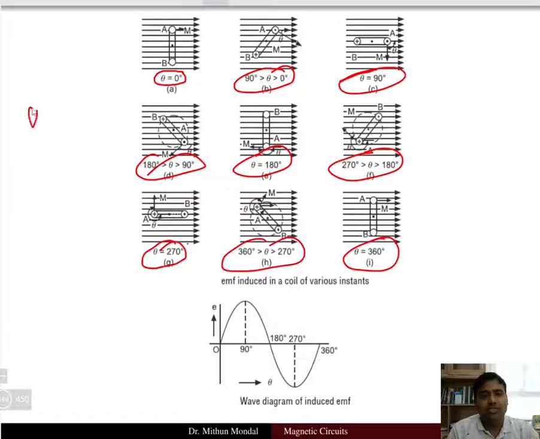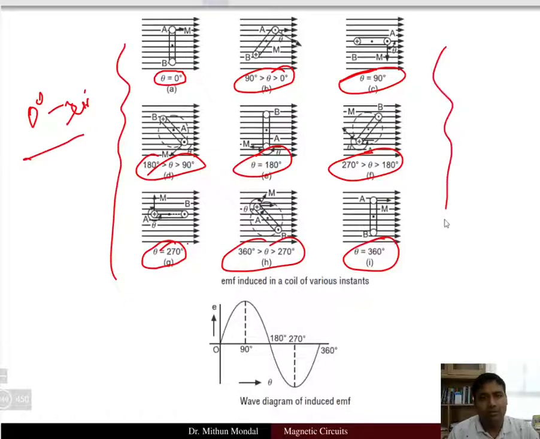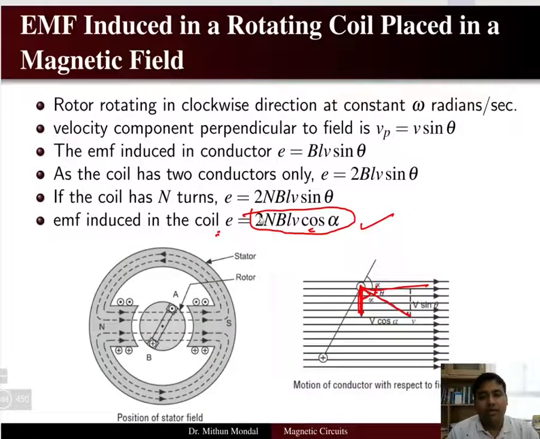So from theta 0 degree to 360 degree, the constant rotation of the conductor in the field can be observed, and we will get an alternating induced EMF which will be positive maximum at 90 degree, and at 270 degree it will be negative minimum. So you will get an alternating EMF due to the rotation of the conductor in the main field, with an EMF equation given by 2n BLV cos alpha.